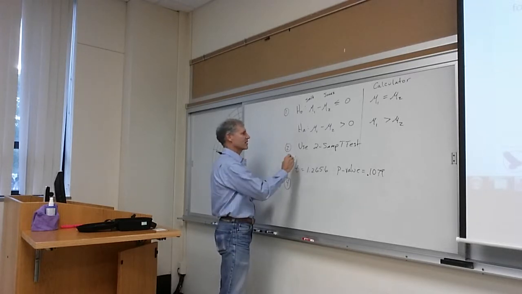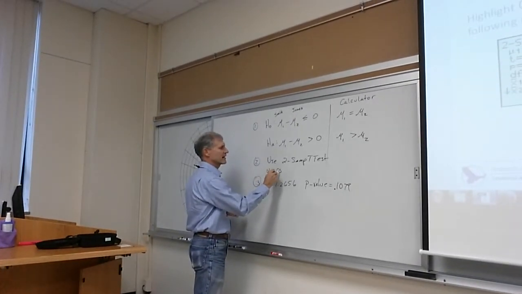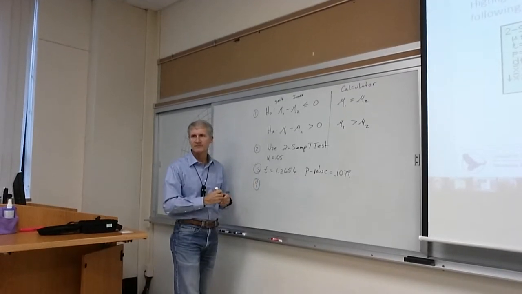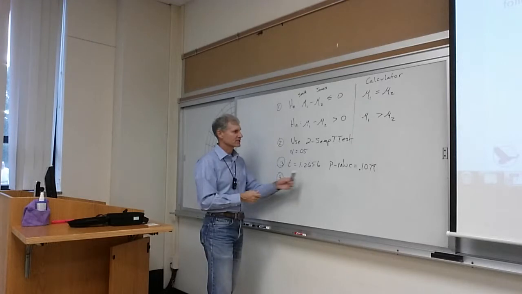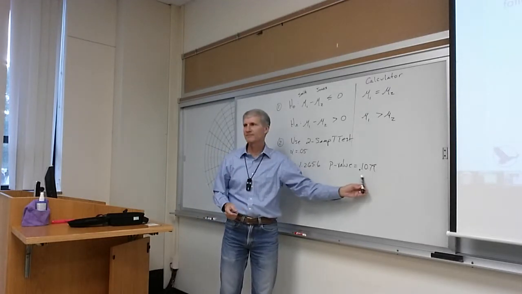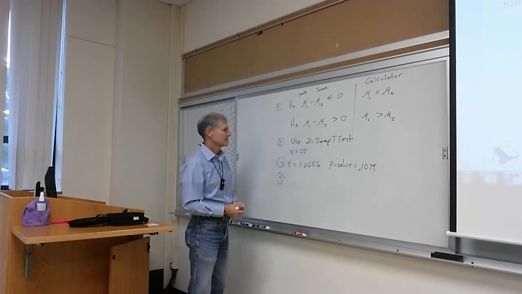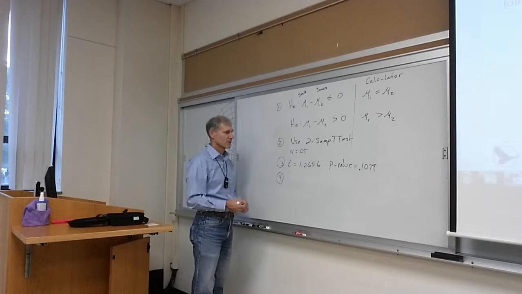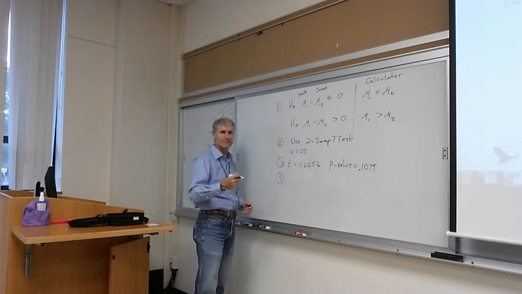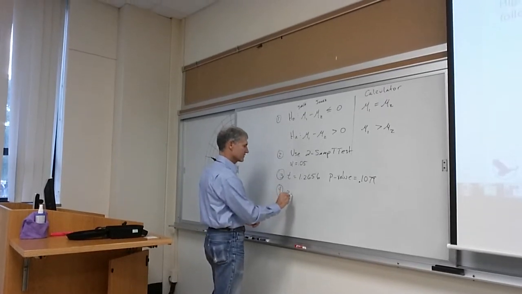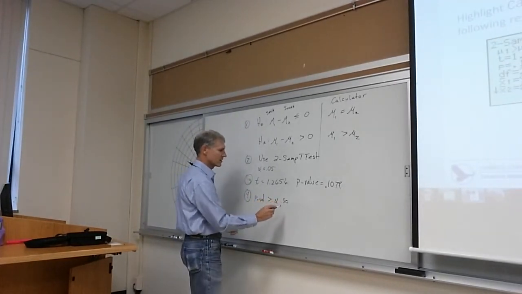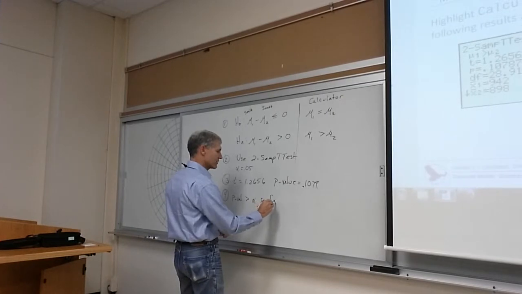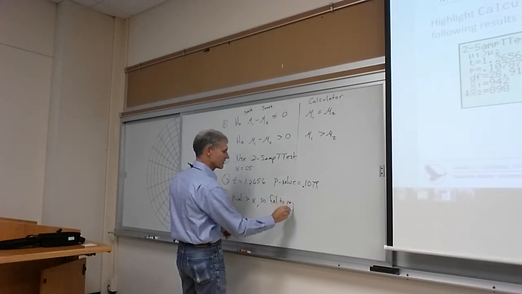I forgot to write it down, but alpha was 0.05, wasn't it? I don't think it's going to matter because this is a pretty big p-value. So, what do we do? The p-value is greater than alpha, so fail to reject the null.